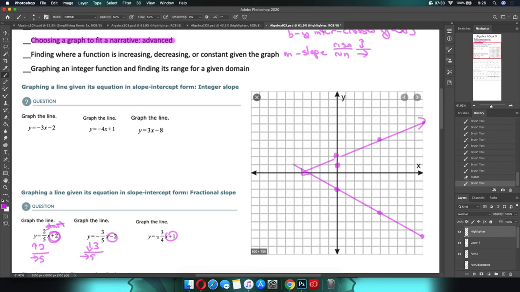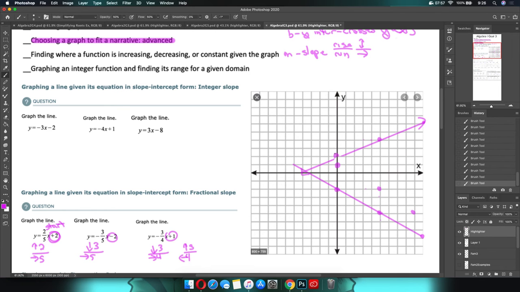All right, and then my slope is 3/4, so I'm going to go down 3 over 4, down 1, 2, 3 over 1, 2, 3, 4, down 1, 2, 3 over 1, 2, 3, 4. There's my line. And now, if you can handle advanced, we can go backwards. Instead of going down 3, we can go up 3 and then backwards 4.